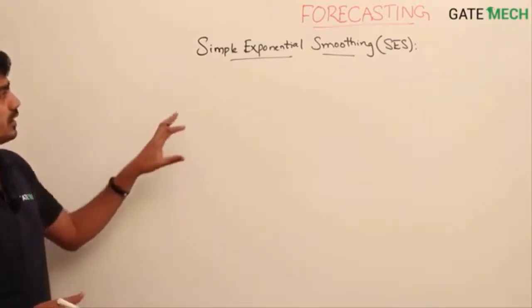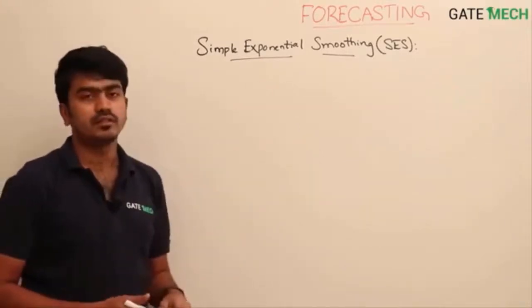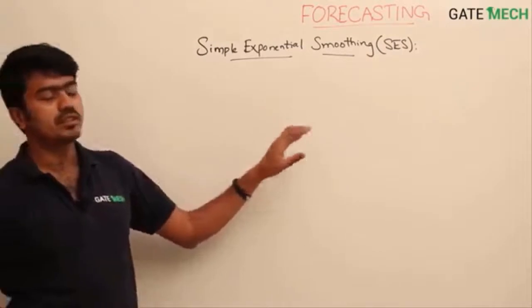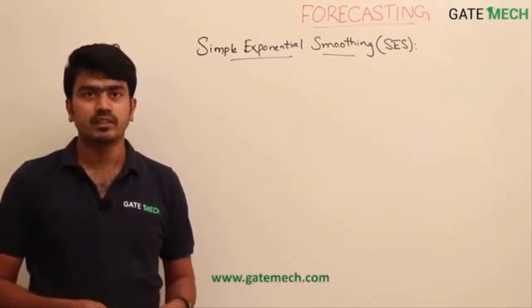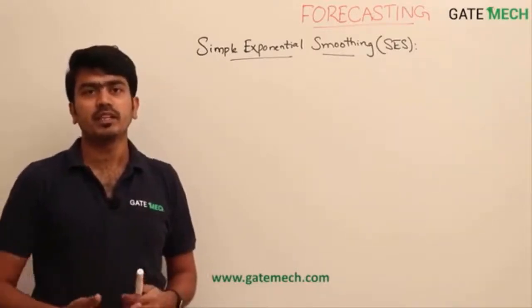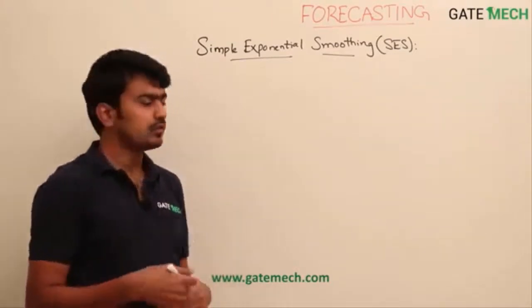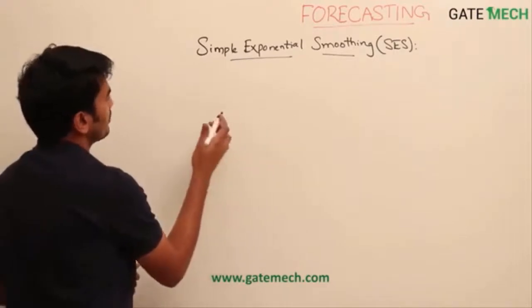The difference between moving average, weighted moving average and simple exponential smoothing is that this method considers the error in the forecast that it calculated previously. So basically it takes an input from the mistake that happened in the last forecast. You can say it is learning from the previous mistake.